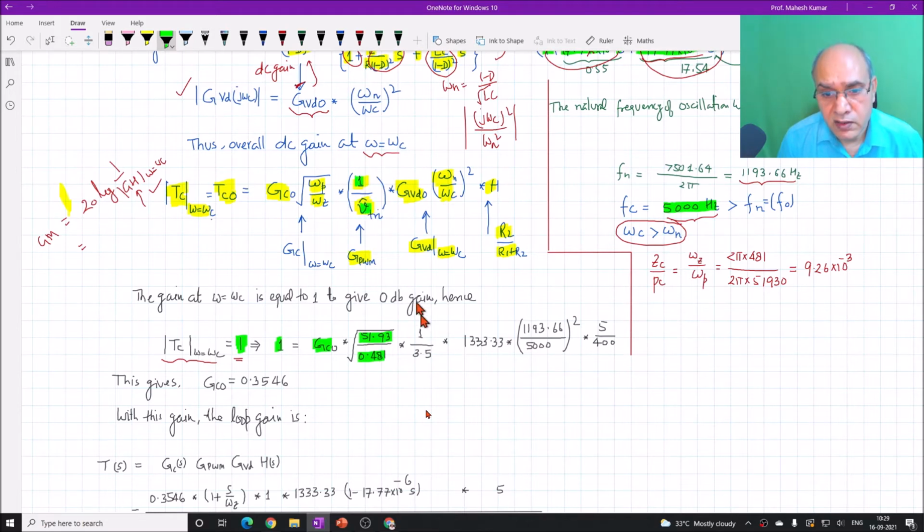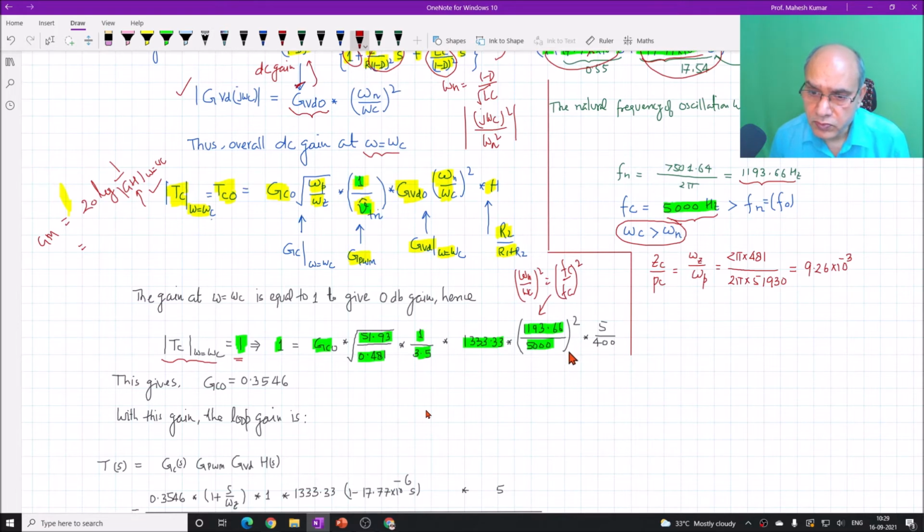1 by the triangular peak, 1 by 3.5. GBD0 is 133.33 and Fn is 1193.66. This is omega c, actually this is Fn by Fc, I am making it. It doesn't matter, you can multiply by 2 pi. Let us not get confused, because omega n by omega c squared is the same as Fn by Fc squared. It doesn't make much difference because it's a ratio.